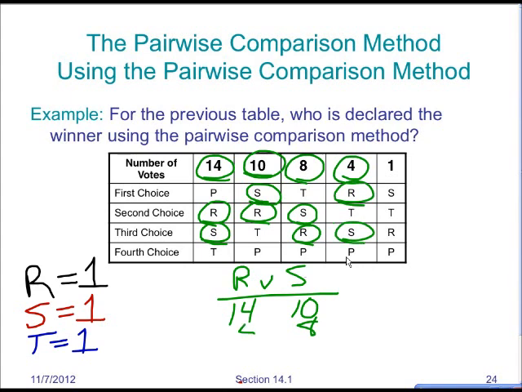And 1 person likes Sarah better. So we've got 18 people that prefer Rita, and 19 people prefer Sarah. So we're going to give Sarah 1 point.